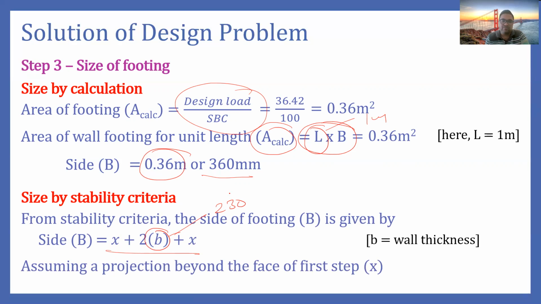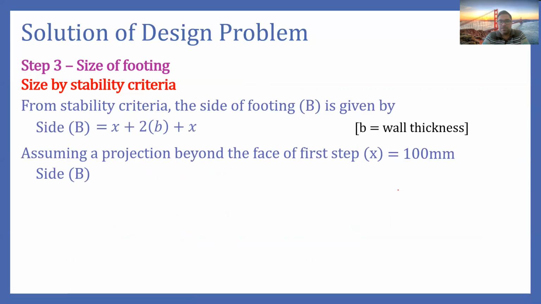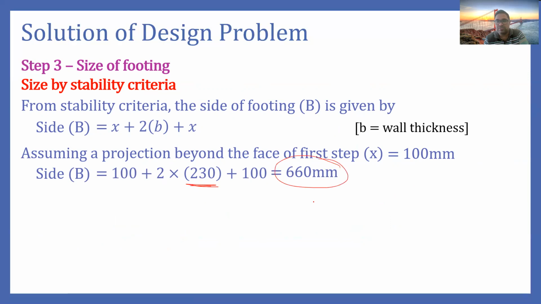As I said, the value of x can be taken from 100 to 150. This time, say we adopt the value of x as 100 mm, and putting all the values, with b as 230, the thickness of wall, and adding all the values, we get the width of foundation as 660 mm.